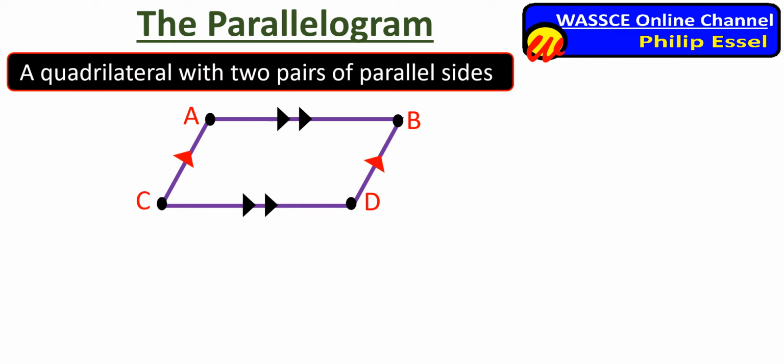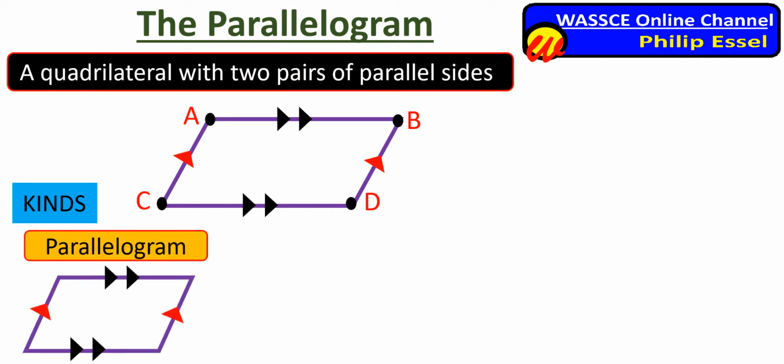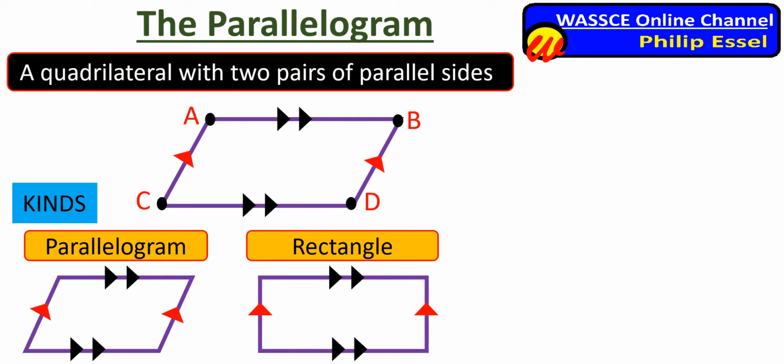With this information in mind, we can come up with various kinds of parallelograms. So first, we have the parallelogram itself, what all of us know to be parallelogram. So that's the first kind of parallelogram. The second kind of a parallelogram is the rectangle. Now, a few of us will be surprised by this statement. However, most of us already know this.